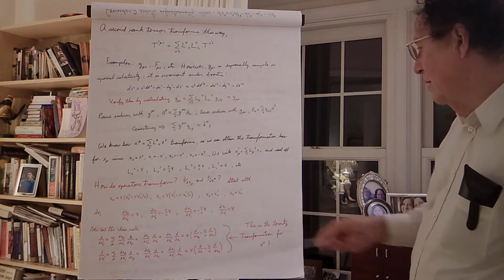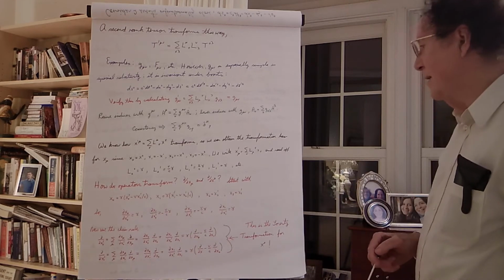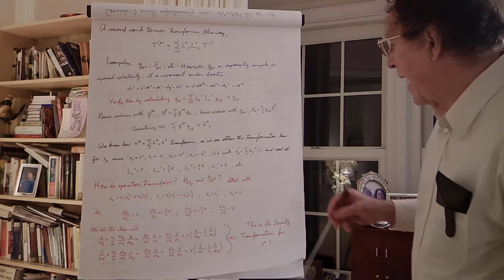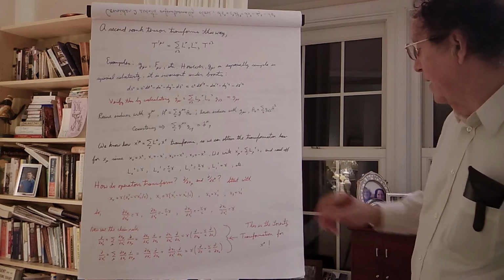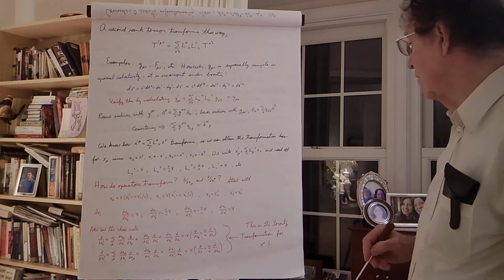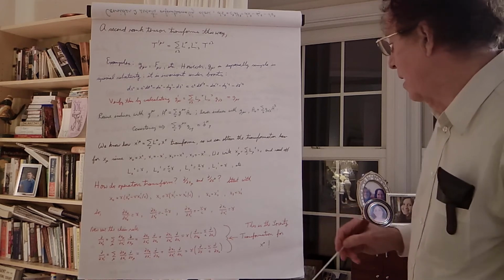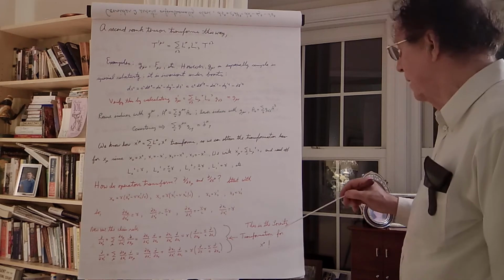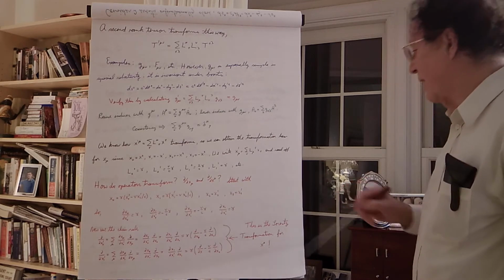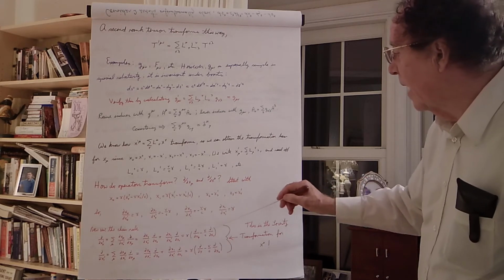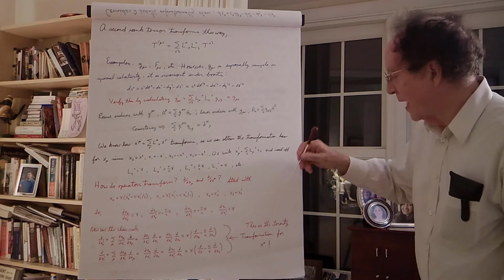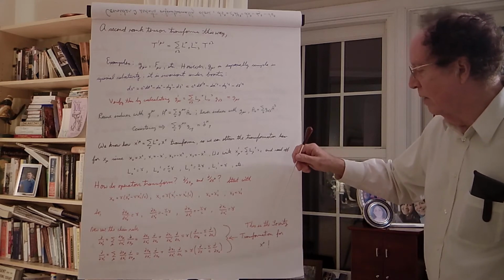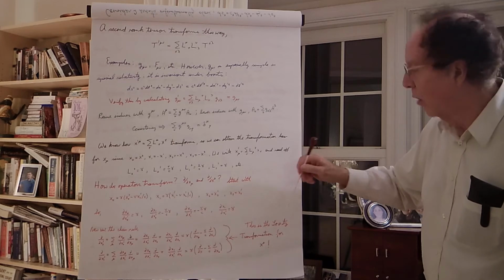Now I look at the final result, and I see that it has the same structure as a Lorentz transformation for my contravariant position four-vector x upper mu. The minus signs are critical in saying that it's the transformation law for x upper mu, not x lower mu.